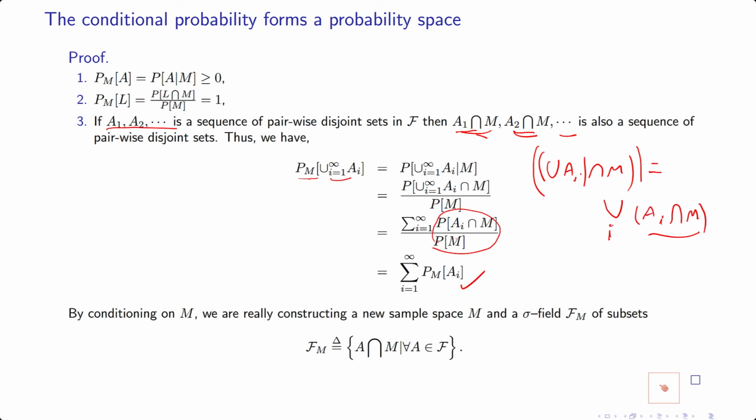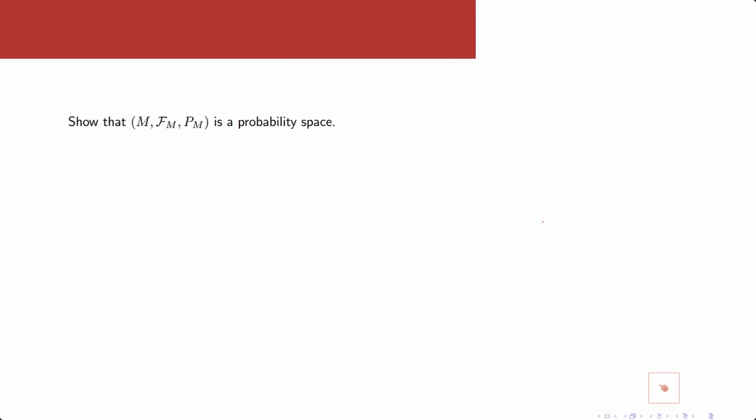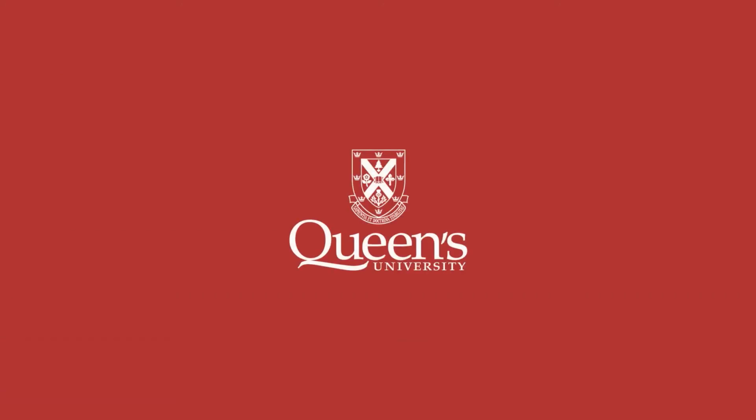So the third property is also satisfied, and therefore you have the conditional probability space. Is it a valid probability space? This is already proven.